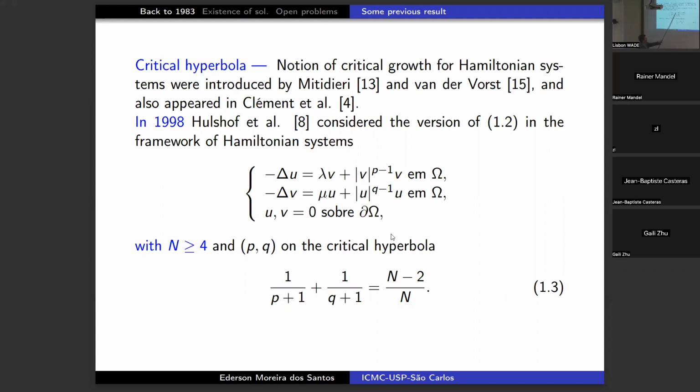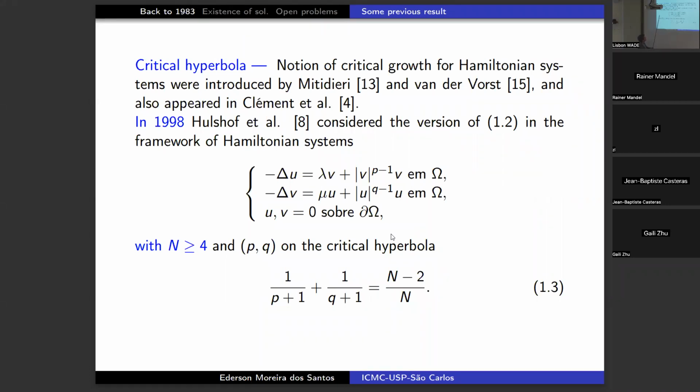If you consider the case with lambda equals 0 and mu equals 0, then the system here will be named critical if the powers p and q satisfy this equation here. So this is the critical hyperbola.